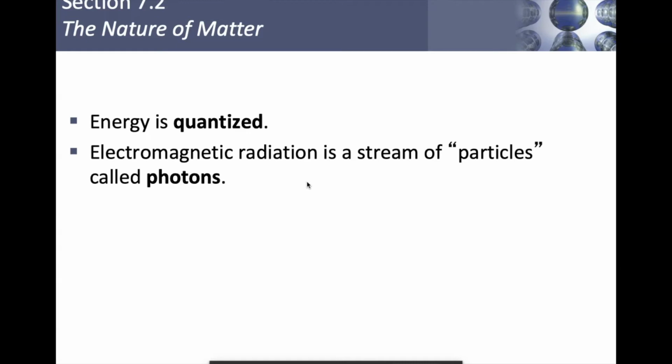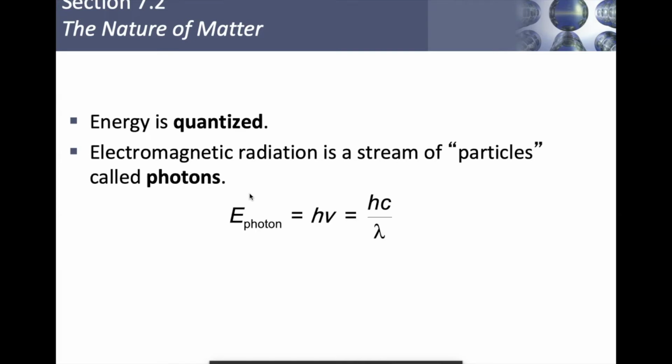Like I just said on the last slide, even though it has wave-like properties, like frequency and wavelength, it also has particulate properties where it seems to act sometimes like physical particles, not really waves. We call these particles photons, the word photo meaning light, and like proton, neutron, electron, they're trying to make them all end the same way. So particles of light are called photons.